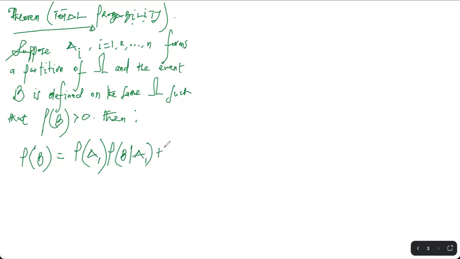Plus the probability of A2 multiplying the probability of B given A2.